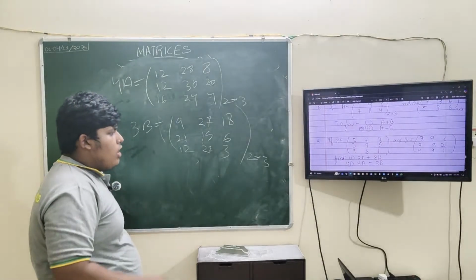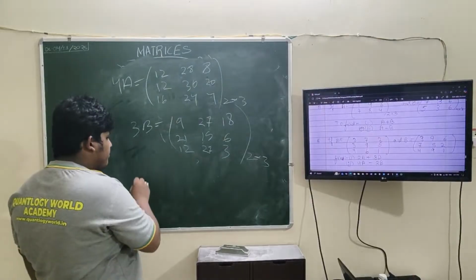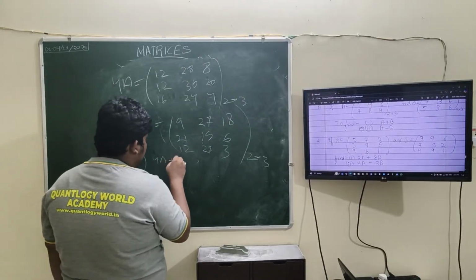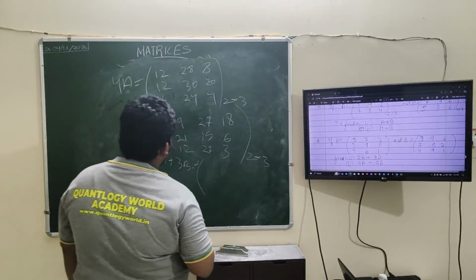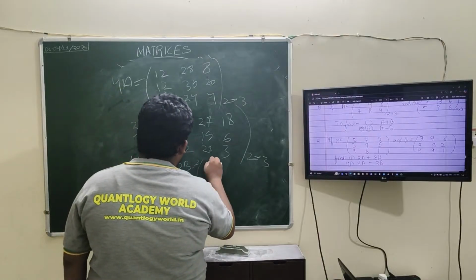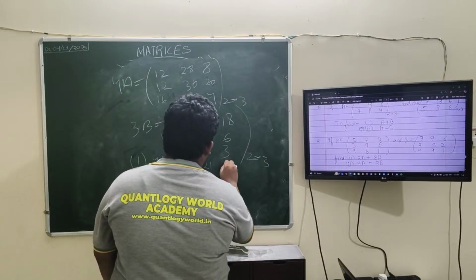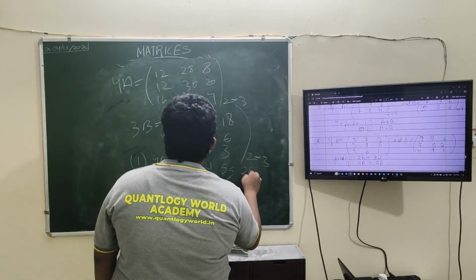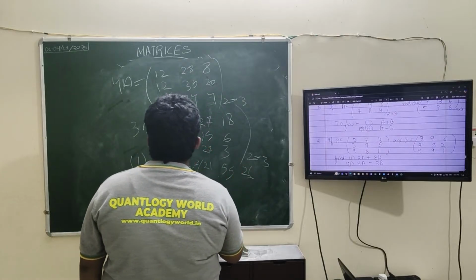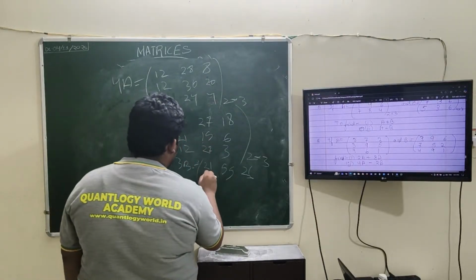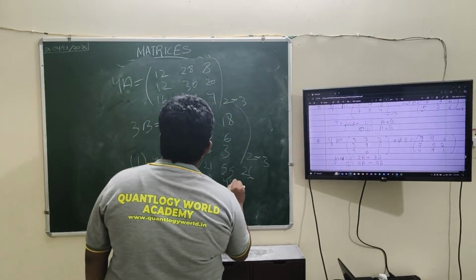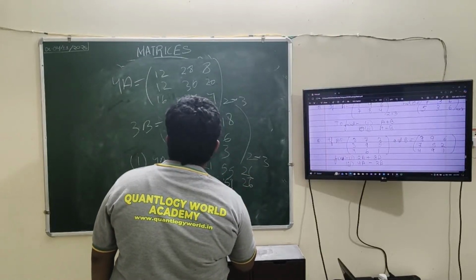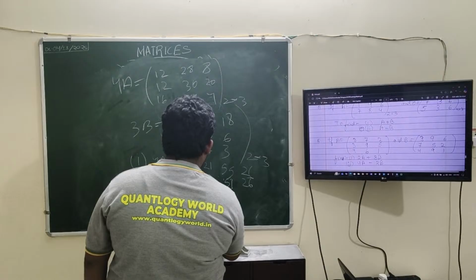The next task is to find 4A plus 3B. 12 plus 9 is 21. 28 plus 27 is 55. 8 plus 18 is 26. 21 plus 12 is 33. 30 plus 15 is 45. 36 plus 15 is 51. 20 plus 6 is 26. 16 plus 12 is 28.